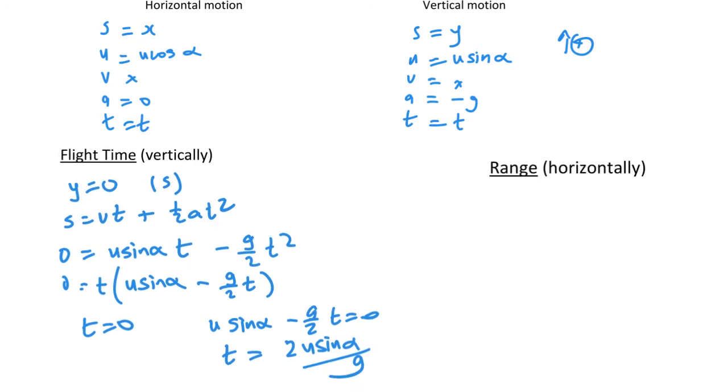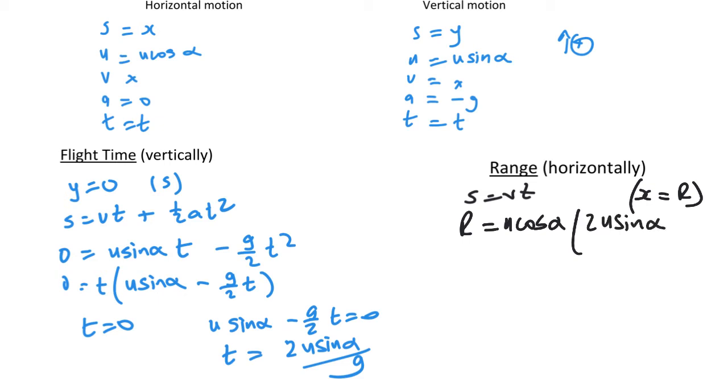So for the range then, we're going to have s equals vt. The distance, which is the x value, is going to equal r. So we'll get r equals v, which was u cos alpha, times the time, which is 2 u sine alpha over g. That simplifies to 2 u squared sine alpha cos alpha over g.